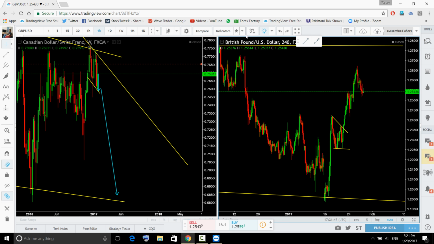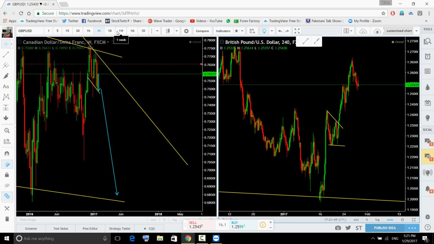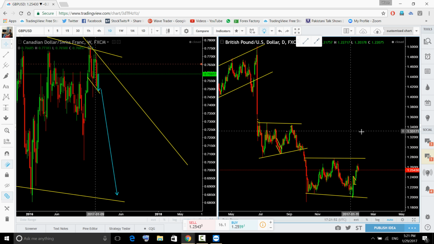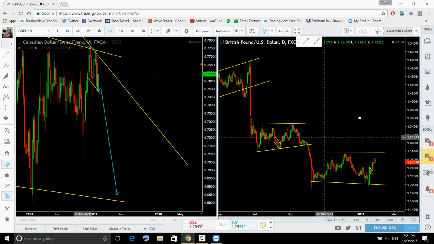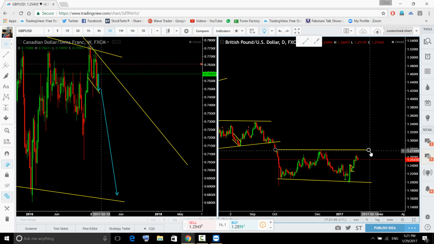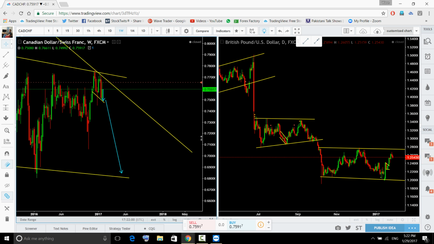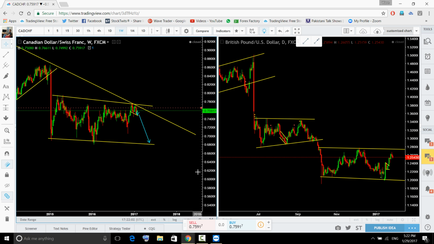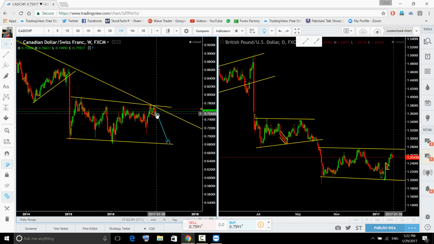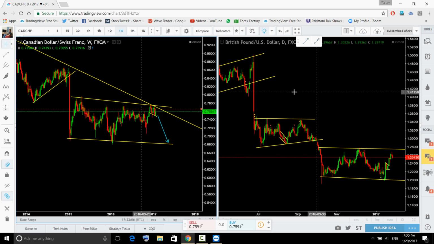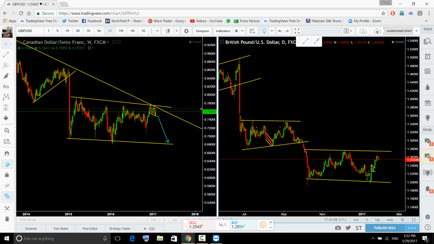All right, so here we got the daily, this pattern. Here we got the weekly. So we are looking at this move here.